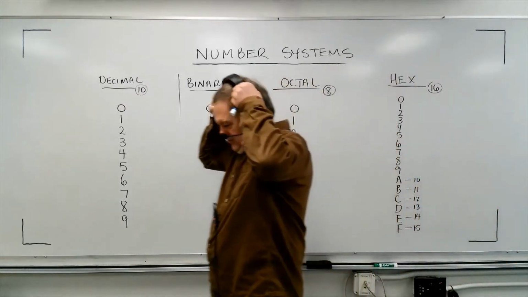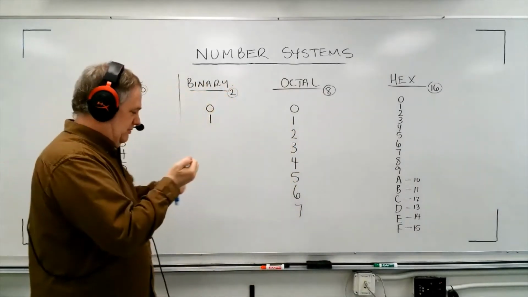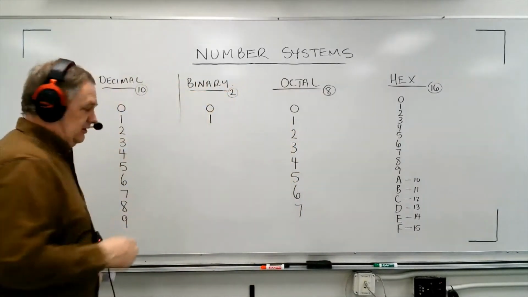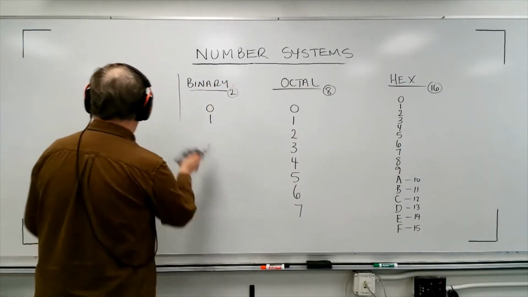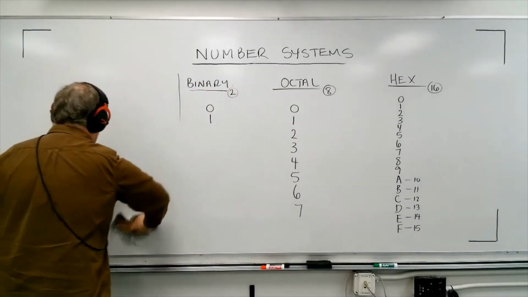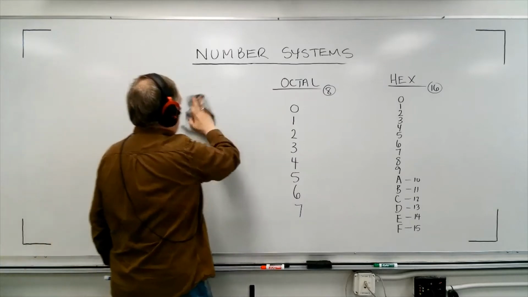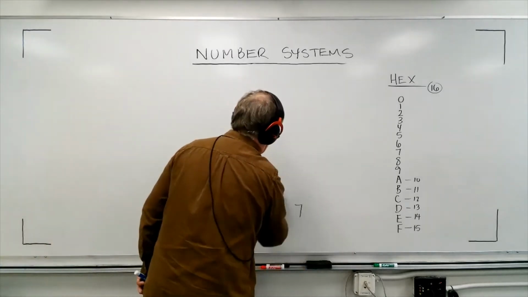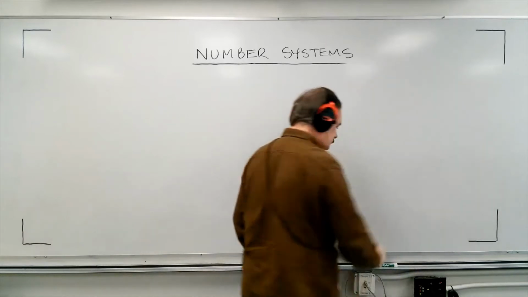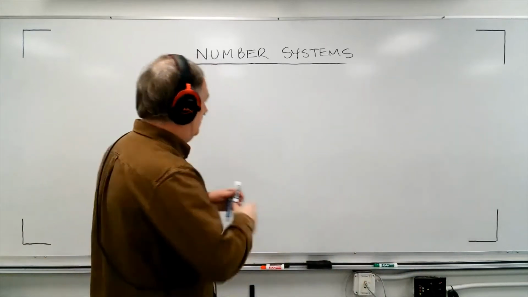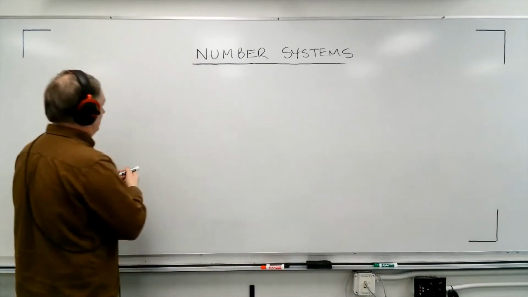The next thing I'm going to talk about is what we need to do with all of these numbers. What's our purpose? I'm going to get rid of this real quick, and I want to show you what we're going to do with the number systems. For the most part, we like puzzles.